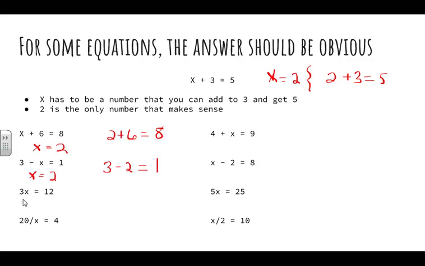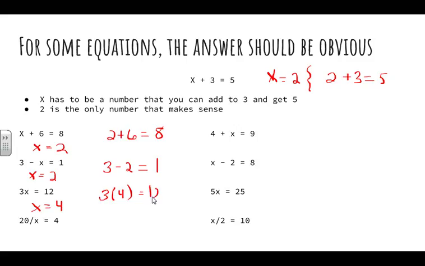Okay, moving on. So here we have 3x equals 12. This is multiplication again. Whenever you see a number and a variable really close, smashed together, that is multiplication. So the only value for x that will make this work is 4. If we wanted to check that, 3 times 4 does equal 12.